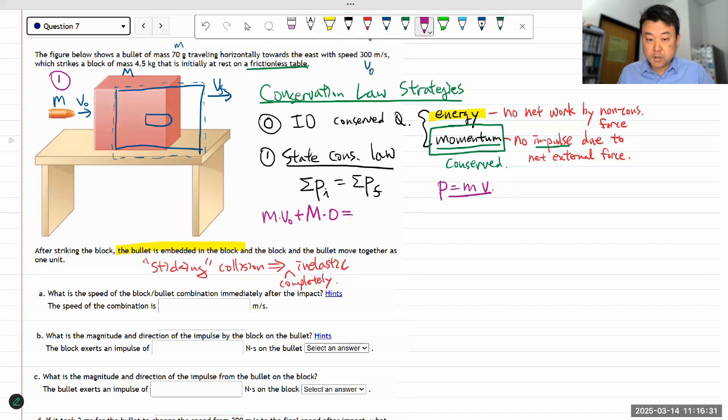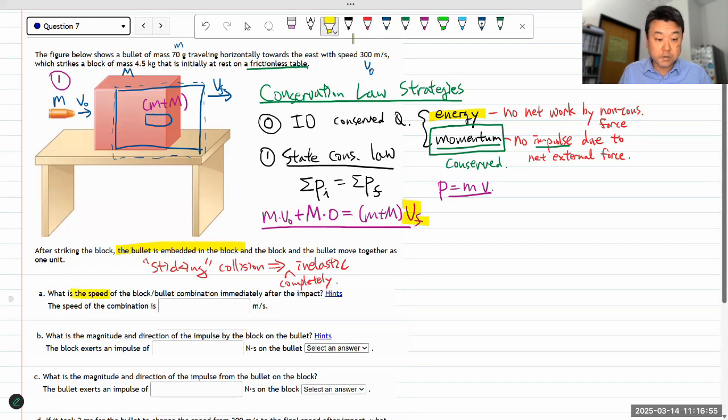That should be equal to the final total momentum, where the total mass of this combined object is small m plus big M, treated as just one object, which is moving at a speed of v final. So this is one equation in terms of one unknown, v final, which is what we are looking for.